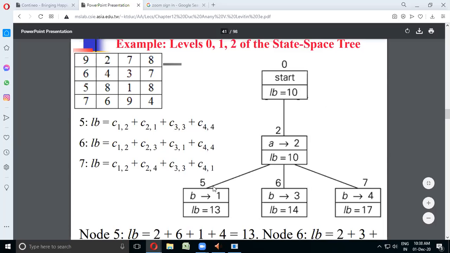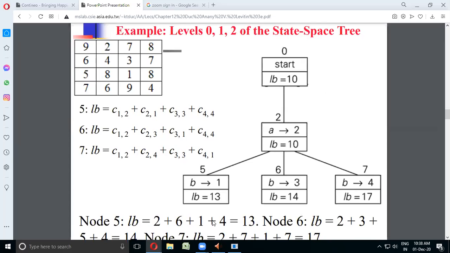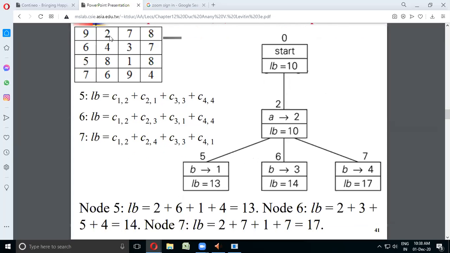Now let us understand what this node 5 is. So node 5 is, the first person is assigned the second job, and the second person is assigned the first job. So you have to add, please understand, first person is assigned the second job, what is the value? 2.